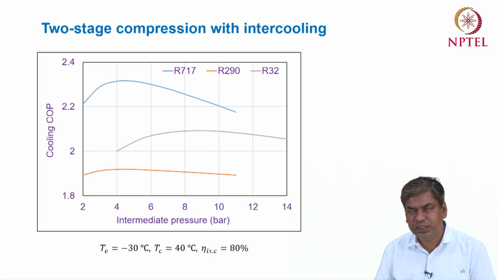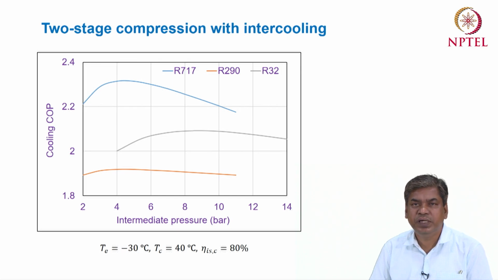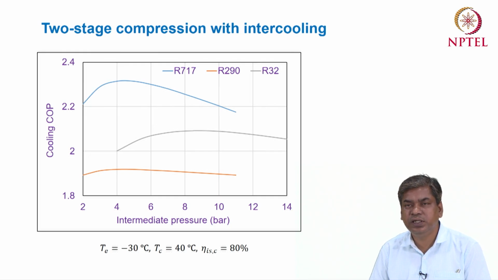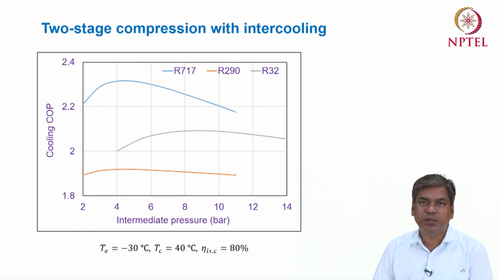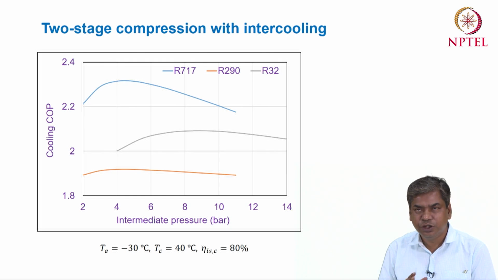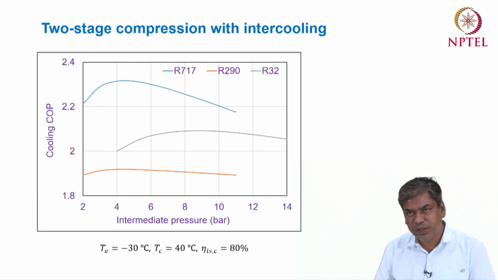That's why the graph has different pressure ranges. So if we change the intermediate pressure, how the cooling capacity will change, we can see in this diagram, with the different pressure range for the different refrigerants at the same evaporator and condenser temperature.